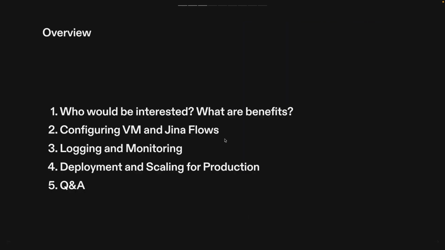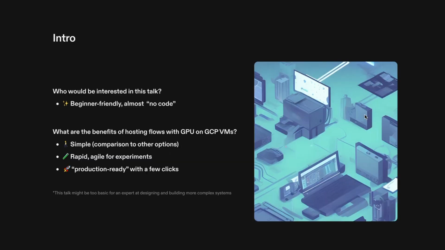Let me talk a few questions about this talk before diving into the topic directly. So who would be interested in this talk? This talk is for developers who have limited or no experience with cloud platforms, such as GCP and AWS.